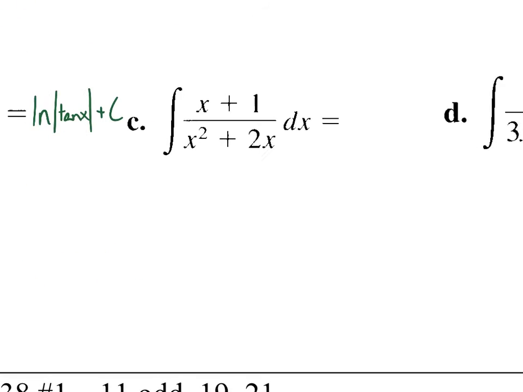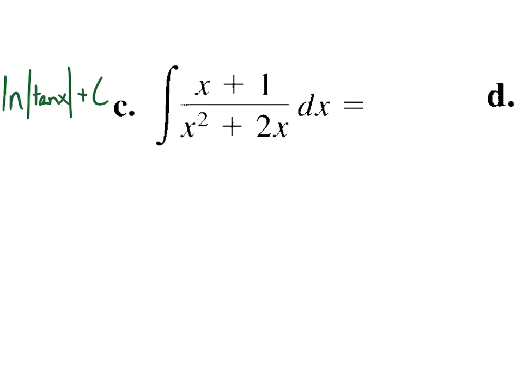Alright, let's move on to C here. What would u equal? x squared plus 2x. So u prime is 2x plus 2. Do we have that? Now you gotta multiply by 1/2.